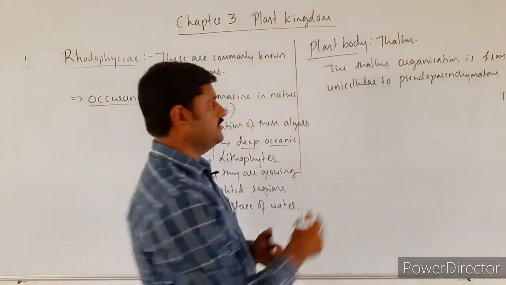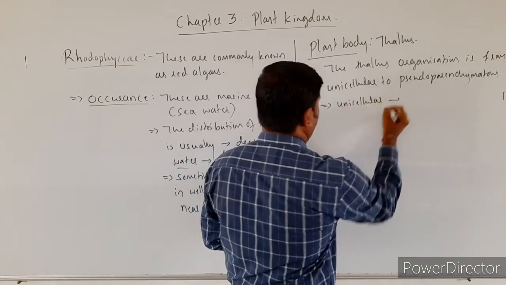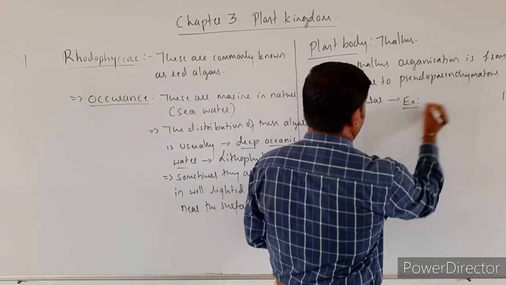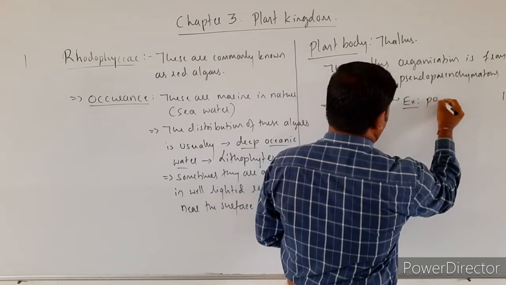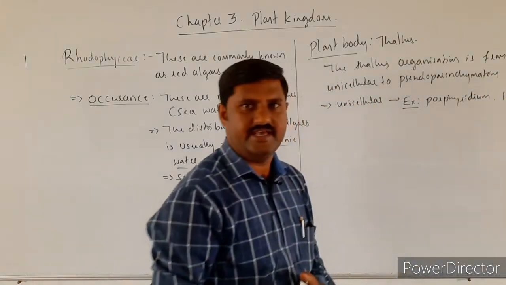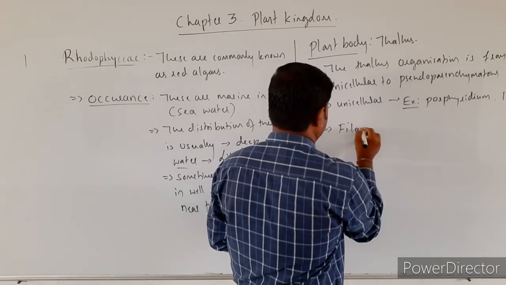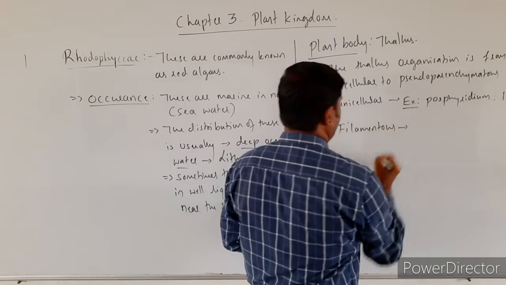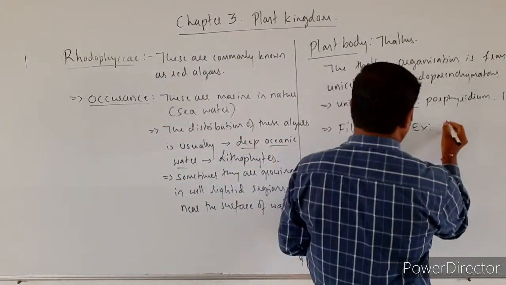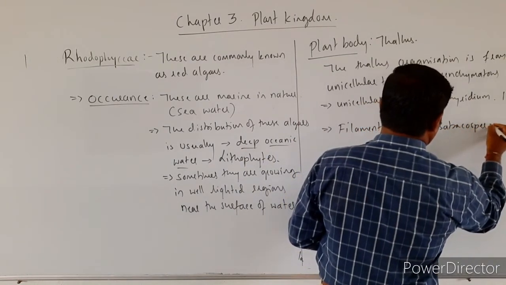Means here you will come across unicellular red algae. The best example for unicellular red algae is Porphyridium. And some are filamentous. The best example for filamentous red algae is Batrachospermum.